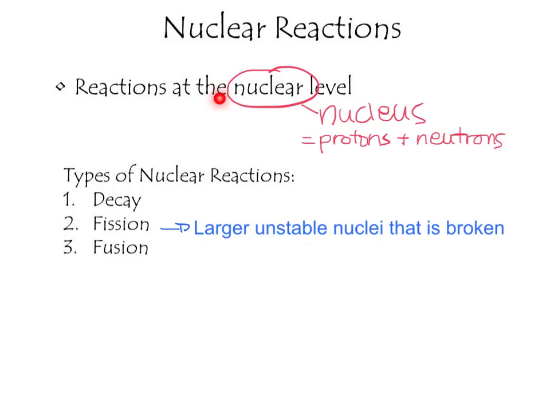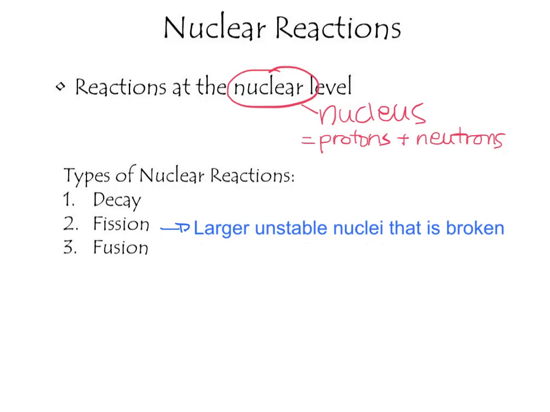For example, here is a stable uranium, and it is bombarded by a neutron, and now it's become unstable, and it breaks into smaller krypton and barium.